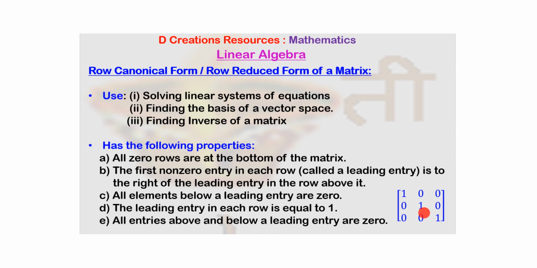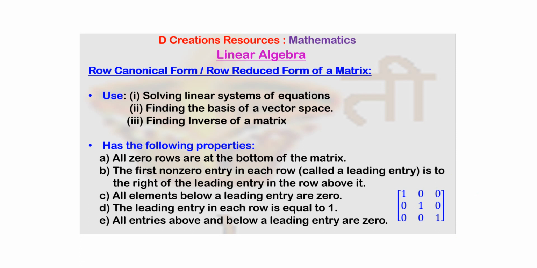So for example, here you can see the 1 in this third row is to the right of the 1 in the second as well as first row. All the elements below and above the leading entry have to be 0, and the leading entry has to be equal to 1.